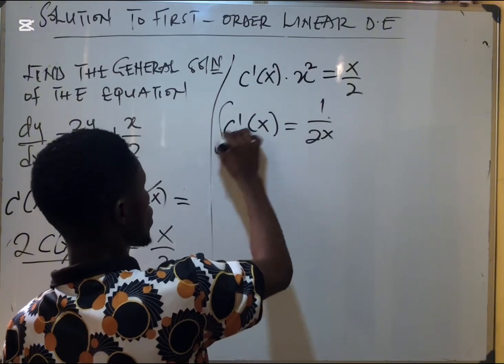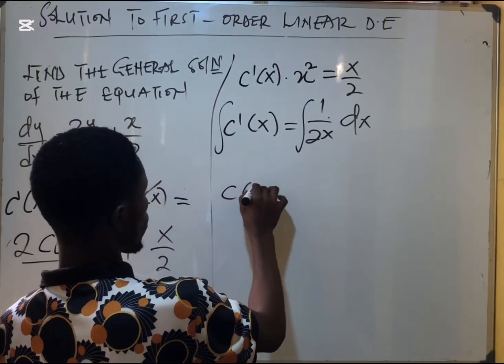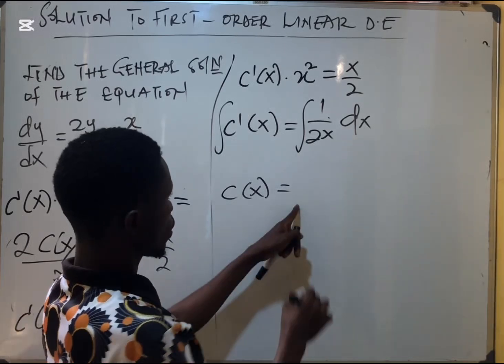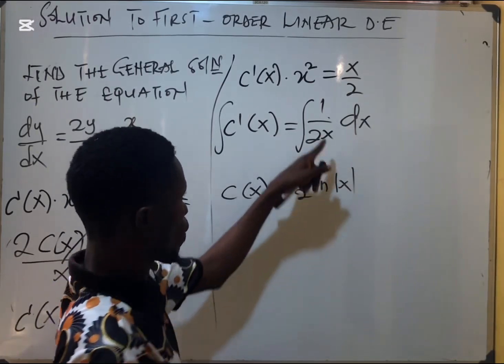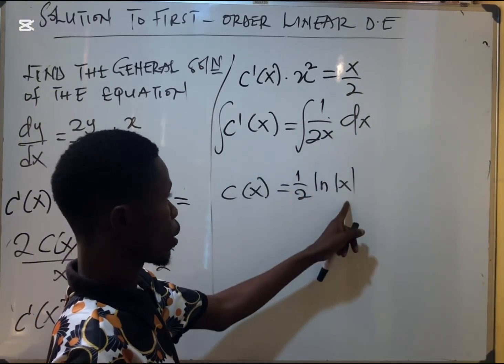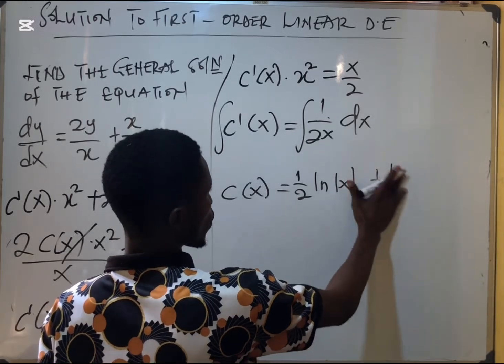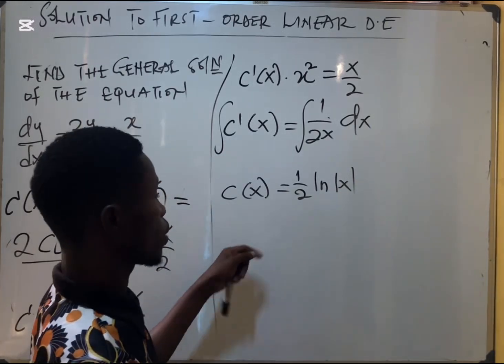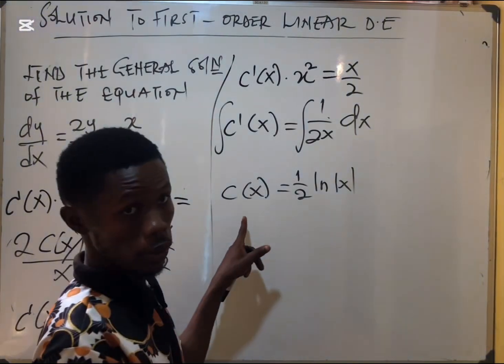So I'll take the integral on both sides, and this will give us c of x equals half ln x. Remember, if I bring the half out, it leaves 1 over x, which is a function derivative. Here we don't bring the constant again. So we have this as our c of x.